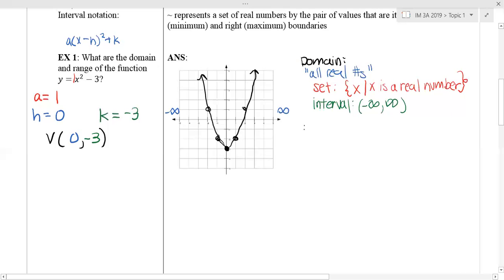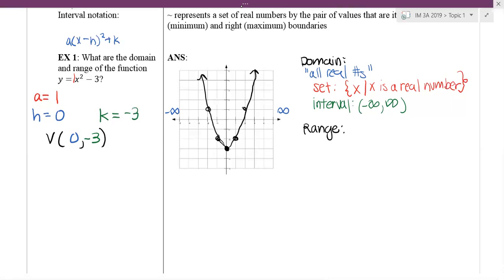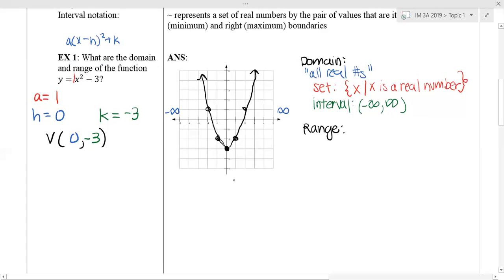For range, what we're looking at is all the possible y values. So we look at it from the minimum value to the maximum value and want to write range that way. If we look at this graph, remember, with y values, negative infinity is if I have it pointing down, positive infinity is when it keeps going, increasing in the upwards direction.